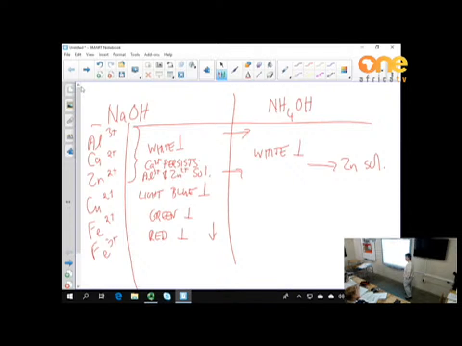Then with the rest, we got a light blue precipitate, a green precipitate, and a red precipitate. Although here by the copper, on adding excess, what did we get? Dark blue solution. In other words, the precipitate becomes soluble.